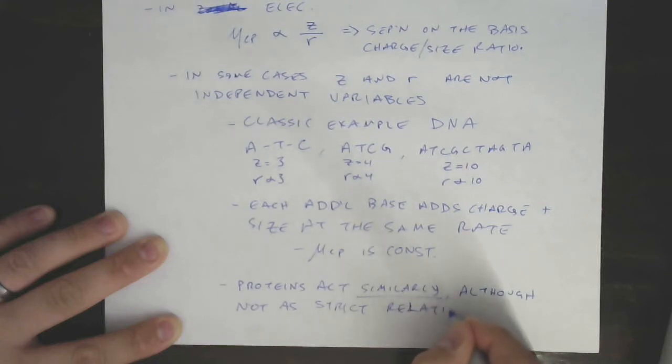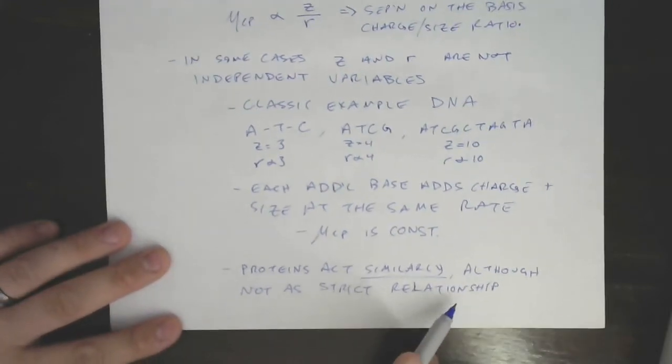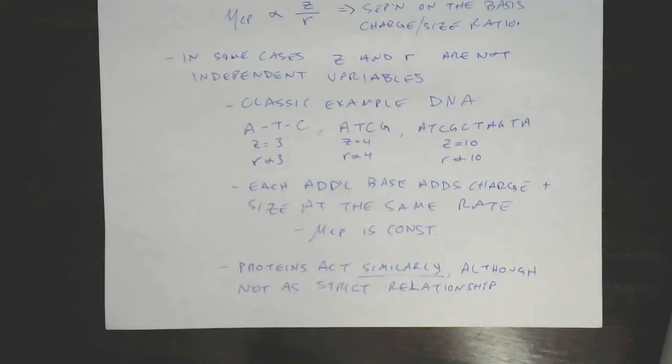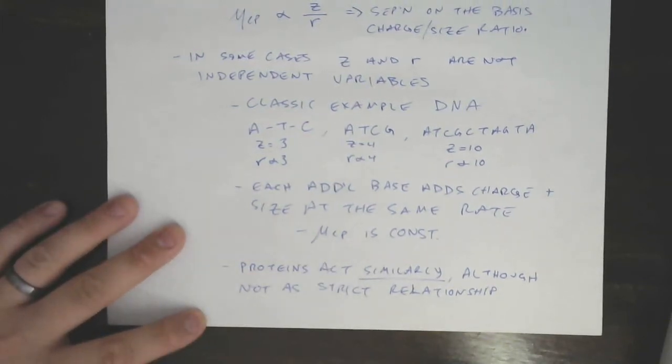But if you think about it, with only 20 amino acids to choose from, as these things get bigger and bigger and bigger, there's going to be some statistical relationship between how big they are and how many charged amino acids have been incorporated into their sequence. And in that case, it means that for very large proteins, there's a very narrow range, not constant, but a very narrow range of mu EP that's possible.